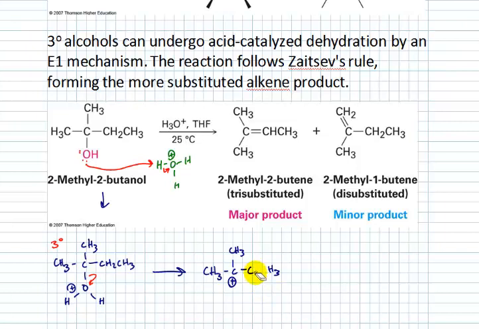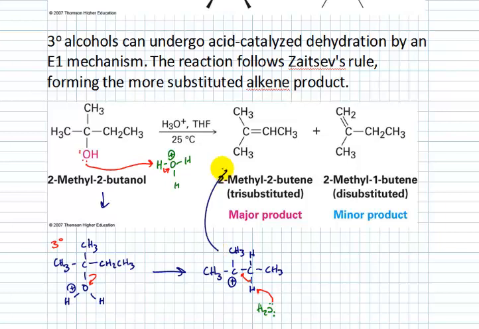what I'm going to do is do an elimination. So let me just carefully redraw that CH2. What water will do is attack a neighboring hydrogen. The C-H electrons then become the double bond to satisfy that positive charge.